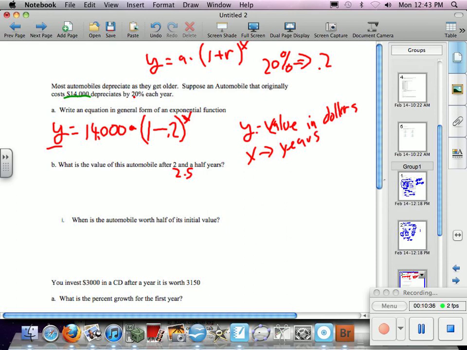Then where would I plug in that 2.5? I can say y equals 14,000 times 1 minus 0.2 to the 2.5. And at this point, all I have to do is plug that in my calculator.